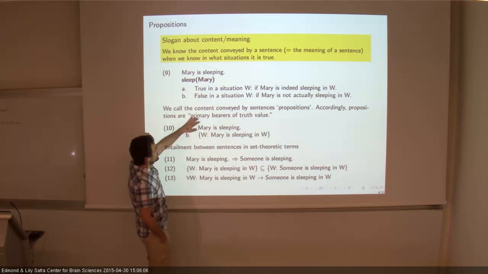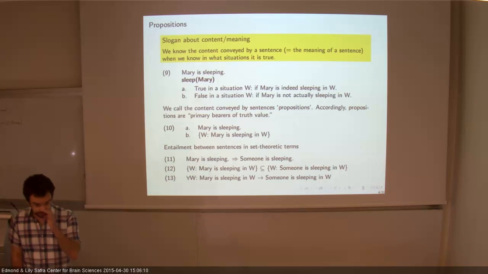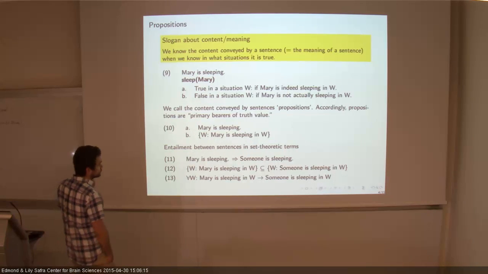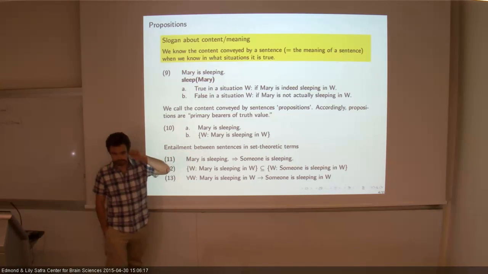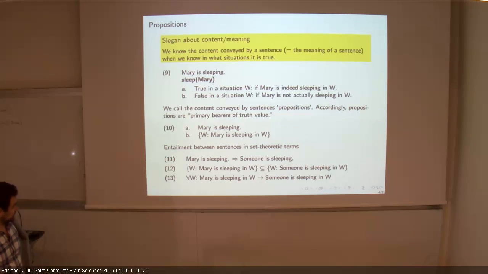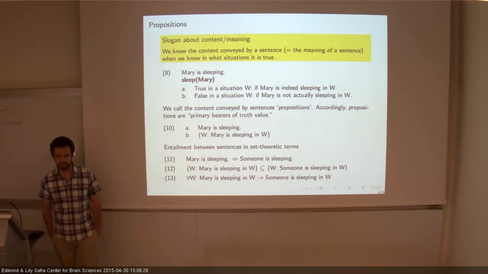And what is a proposition? It's an abstract entity, a set of situations in which Mary is sleeping. So we are simply characterizing the meaning of a sentence as the set of situations in which Mary is sleeping.